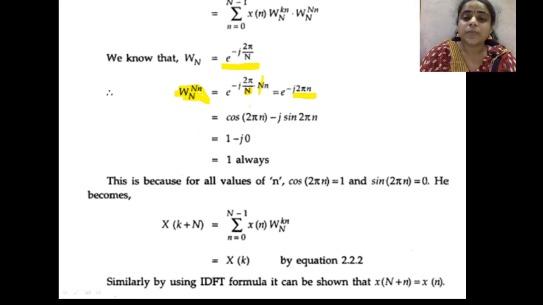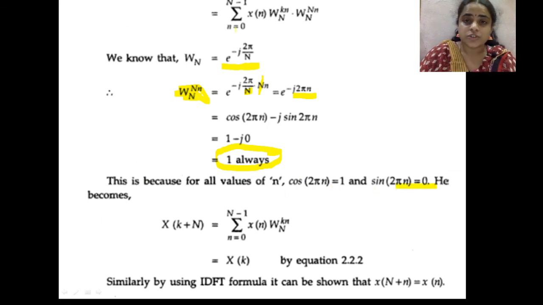We know that e power minus j 2 pi n value is always 1, because it is cos 2 pi n minus j sin 2 pi n. For all values of n, cos 2 pi n is equal to 1 and sin 2 pi n is equal to 0.